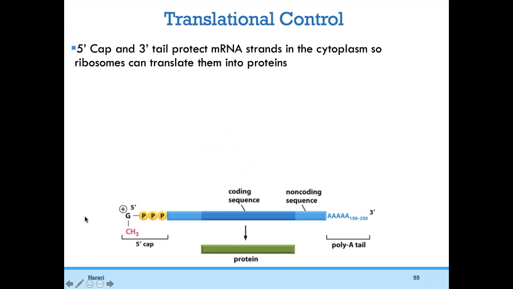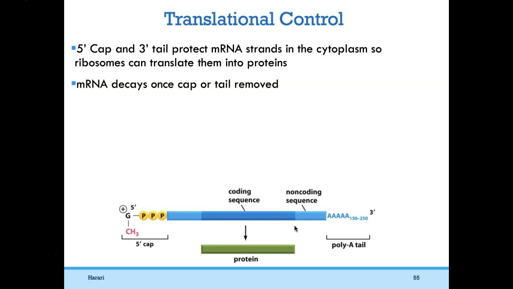So now we'll start talking about translational control. We spoke about last time how the 5' cap and the 3' poly A tail protect mRNA strands in the cytoplasm so they can be translated into proteins. Once the cap and tail is removed, the mRNA decays and can no longer be made into protein.